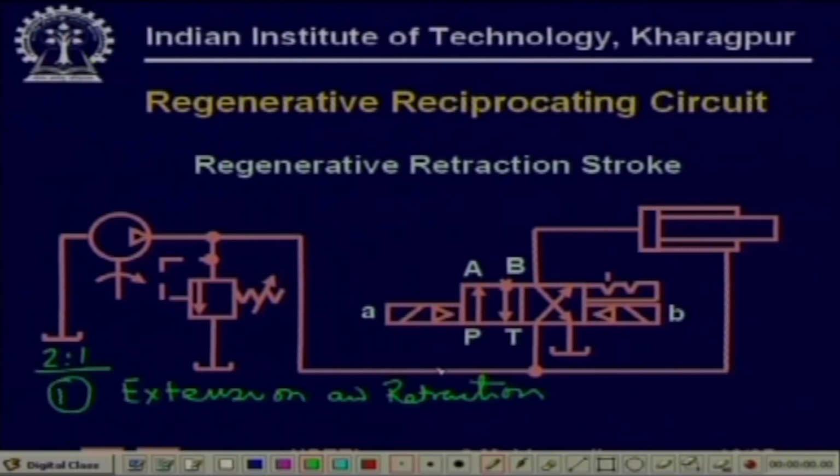That must be remembered. Similarly, if we directly connected this to pump and that to tank in the extension stroke, then we would have had a slower motion with the same pump flow rate.